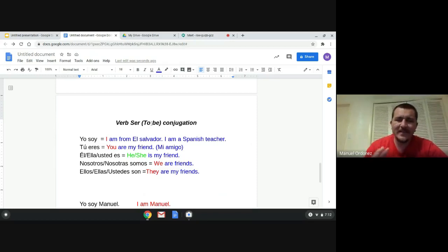The infinitive form is the verb without conjugation, the root of the verb.